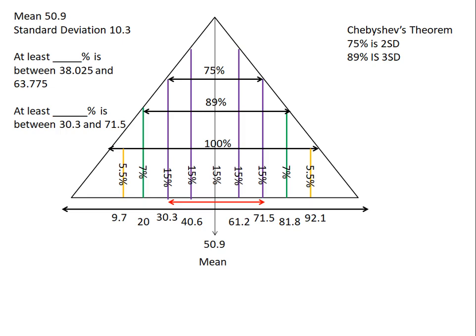We're going to take those 5 purple percentages, add them together, and we will get our answer. Now just remember that it says at least. So our answer can be exactly 75% or close to 75%.